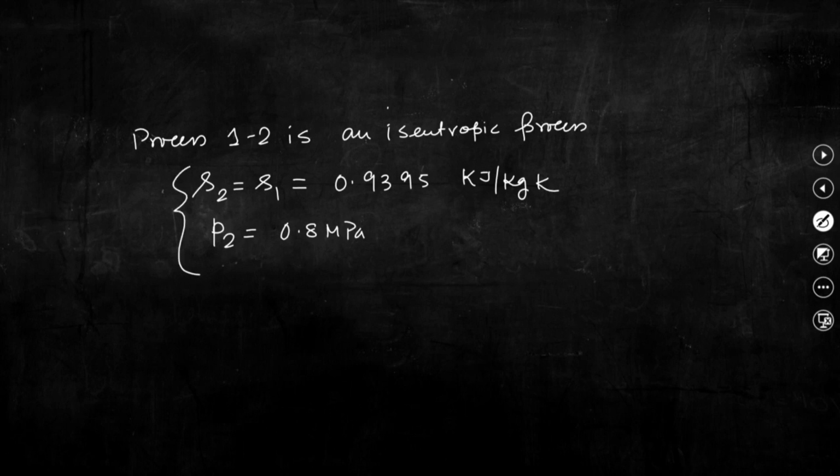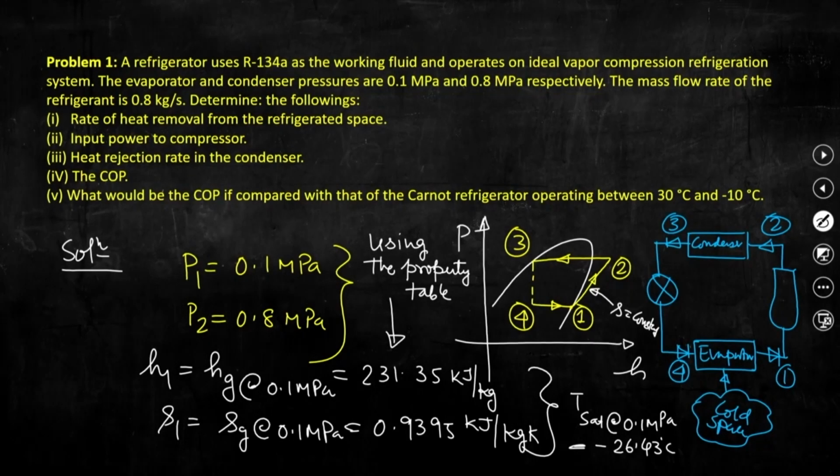Now, the question is, as I said, we also need to calculate the enthalpy. For any problem, even if you recall the problem that we solved for the steam power plants, we had to calculate enthalpy at each and every state point. Similarly, for this cycle also we need to calculate enthalpy at each and every state point.